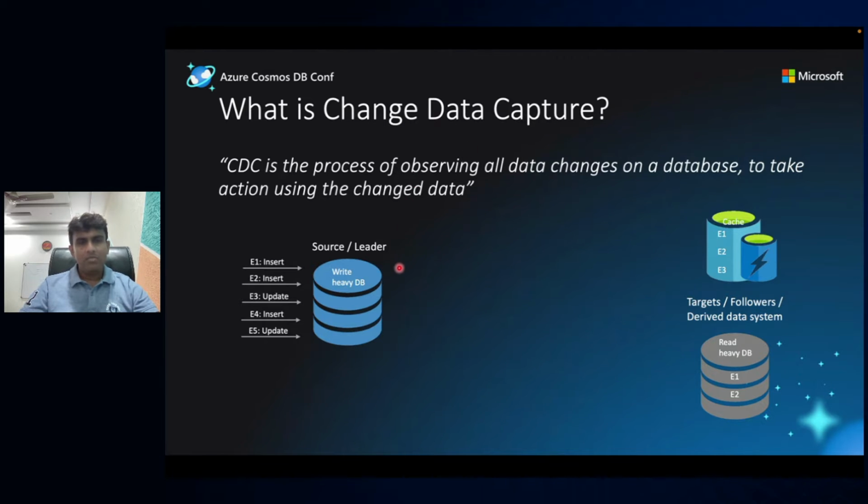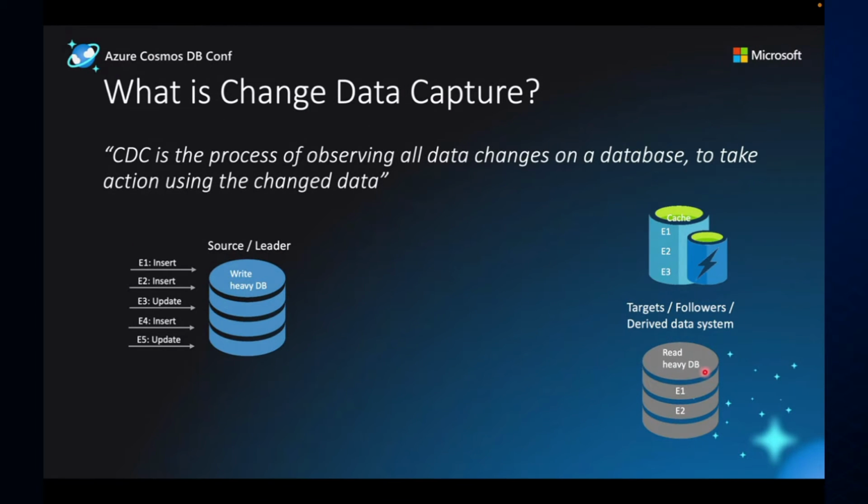Assuming you have a write-heavy database, we call it the source, and there is a whole lot of DML operations happening on the database. And there is a need to replicate this database to another database, which is read heavy, and all the indexes and other things are configured or optimized for read-heavy usage.